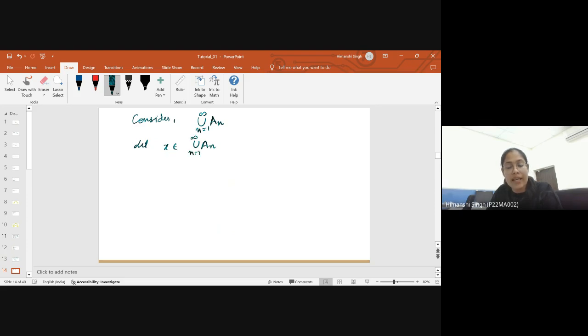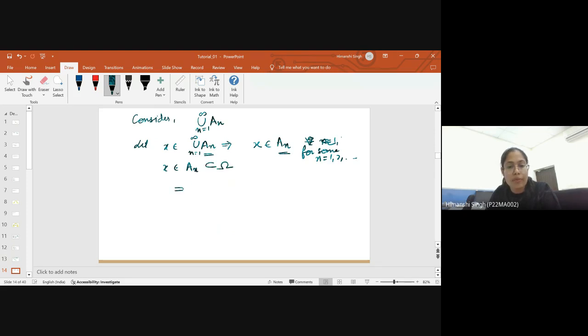What it implies is that x belongs to An for some n equal to 1, 2, or 3. So it is basically in the union, so it may be in some of the sets. Now x belongs to An, and basically what are the An? The An are subsets of omega.